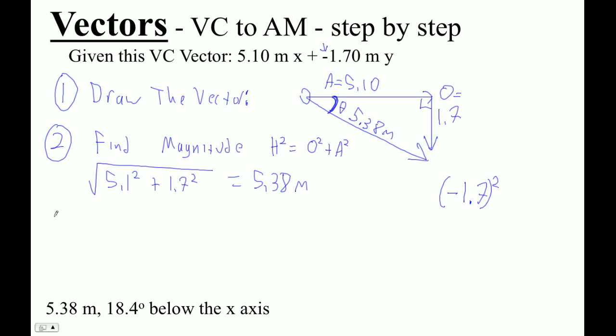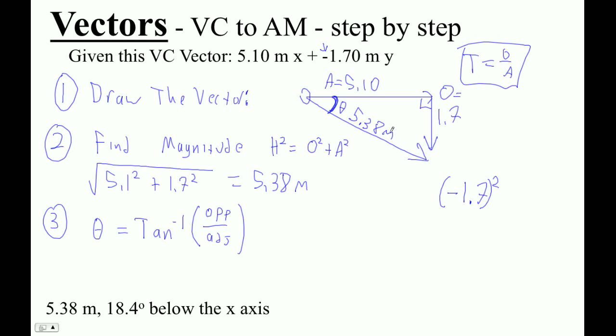And the rule for that, and we're using SOHCAHTOA here, is that the angle is the inverse tan of opposite over adjacent. This comes from TOA, which says that the tangent is the opposite over the adjacent.